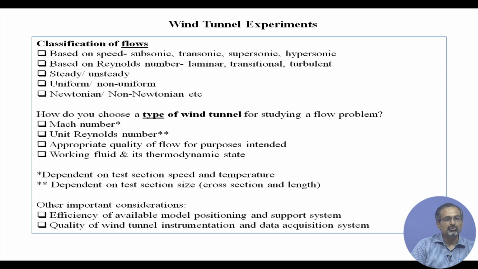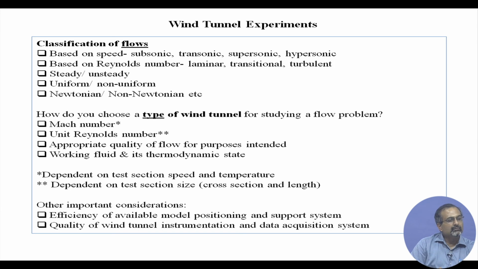You should also have proper instrumentation to acquire data at sufficiently high rates so that you can study the flow phenomena of interest. Just as a very general point, I have mentioned the character of the fluid you are going to use. By and large, in wind tunnels we talk about air being used as a medium. Air, as you know, under normal conditions is going to behave by and large as a Newtonian fluid, but there could be exceptions.